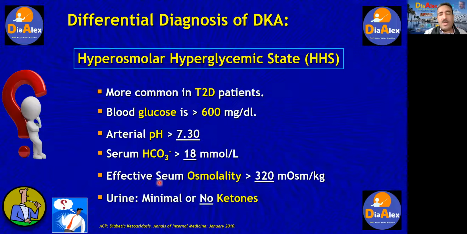So the hyperosmolar hyperglycemic state is more in type 2 with very high blood glucose, but there is no acidosis, because the patient with type 2 is having some residual insulin that can prevent acidosis, that can prevent significant ketosis, but this insulin level is not enough to prevent such a marked hyperglycemia.